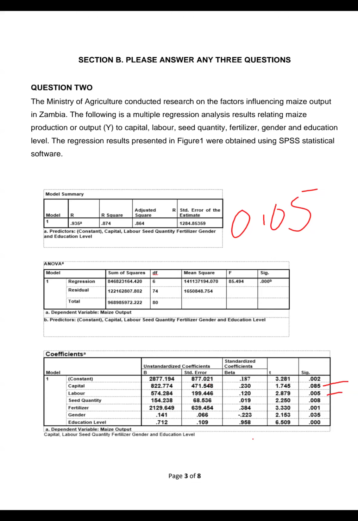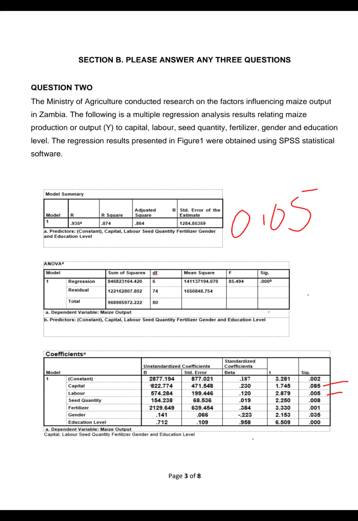You have picked it. I think you have gotten the decision rule, right? So it means that these variables are important. We need them in explaining the output of maize. The interpretation would be, if the sign is positive, it simply means an increase in the unit of that variable increases the maize output, which is our Y, by those units.